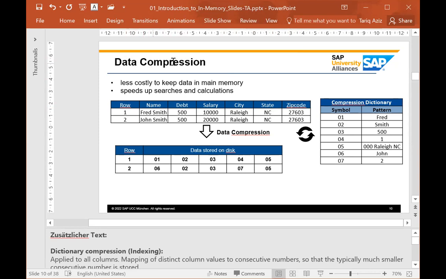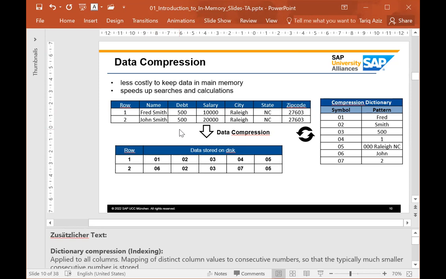This compression makes the data less costly to keep in memory. And secondly, it's very fast. It speeds up the searches. The calculation is very fast. As I mentioned before, text costs you a lot, but numbers do not cost you much.